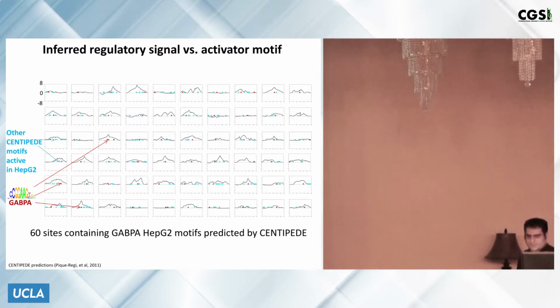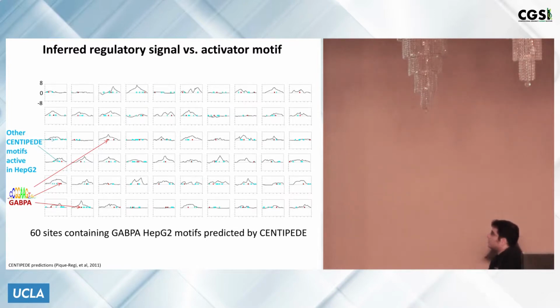So what you're seeing here is our inferences at 60 different locations. I'm showing you the inferences for the HepG2 experiments, of all locations that we tested that had this specific regulatory motif predicted by the CENTIPEDE method in red. So this is GABPA. In blue are other motifs predicted by the CENTIPEDE method. In black is our overall inference.